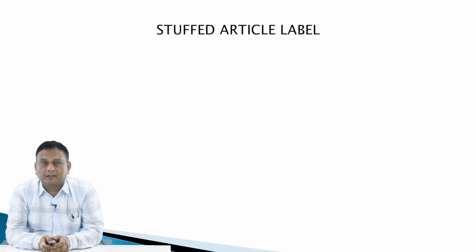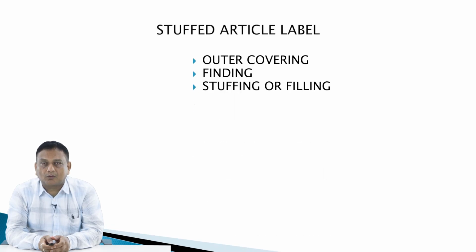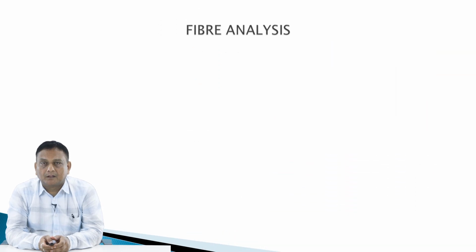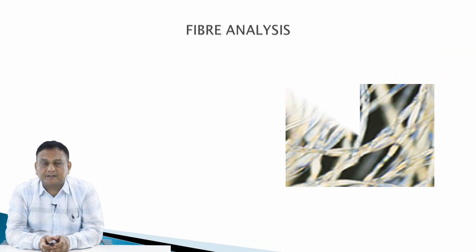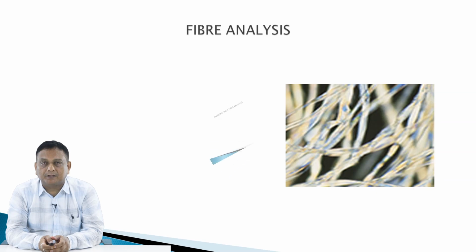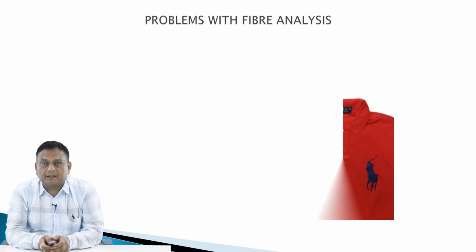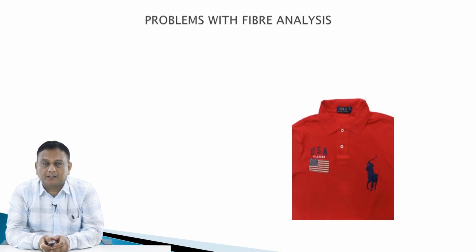For the stuffed article label, the covering and the stuffing or filling material in the article are all judged. Now let us come to the fiber analysis part. When you are doing fiber analysis, there are problems associated with it, and those are judged here, like a t-shirt or any kind of woven shirt.